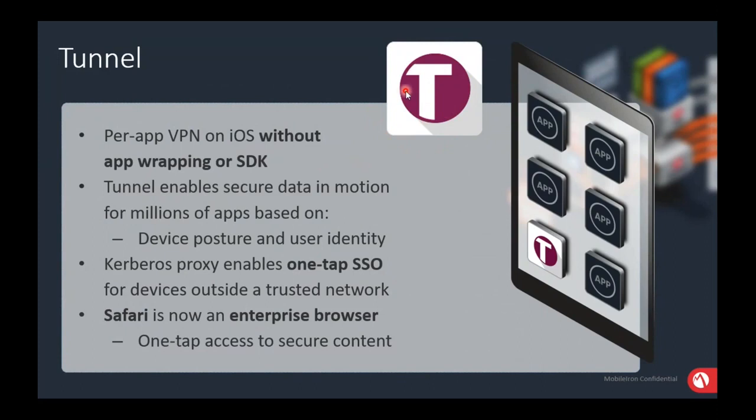The user doesn't need to do anything on the device; they don't have to manually open or connect to the tunnel. The moment they open the app, the tunnel will automatically be triggered, and based on whatever authentication has been set, it will be connected to the backend resources. They can even make use of Safari or Chrome as an enterprise browser and use the tunnel to access the backend resources.